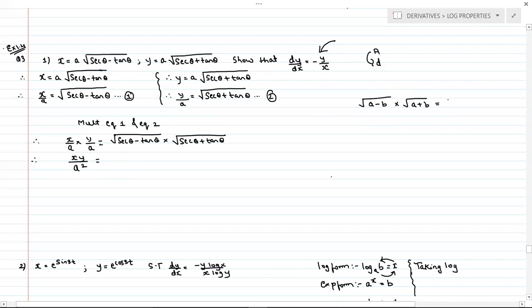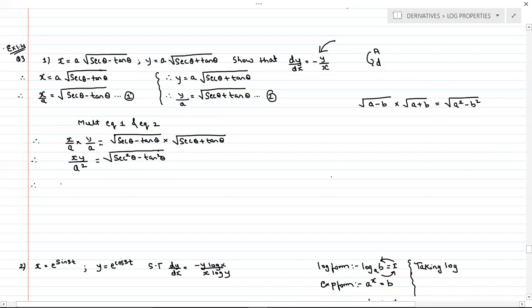So can I write this step as the square root of a square minus b square? Multiplying a minus b and a plus b, you get a square minus b square under the root. Yes or no? So here you will get the square root of sec square theta minus tan square theta. Yes or no?